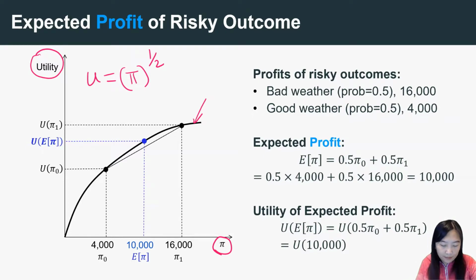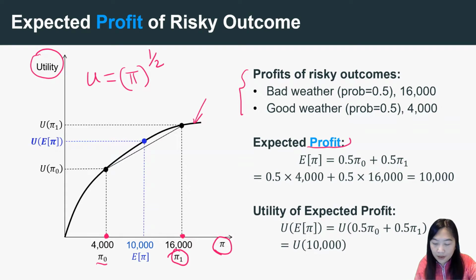When bad weather happens, the producer gets 4,000 of profit. Let's call this pi 0. And when good weather happens, the profit is 16,000. Let's call this pi 1. Those are two different profits, and each has a 50% chance, or probability equal to 0.5, of happening. So those are two risky outcomes.